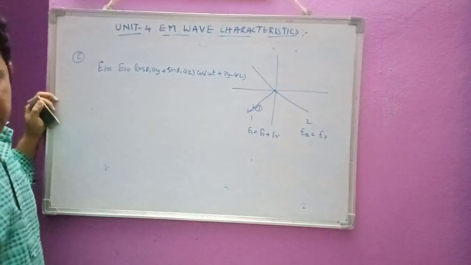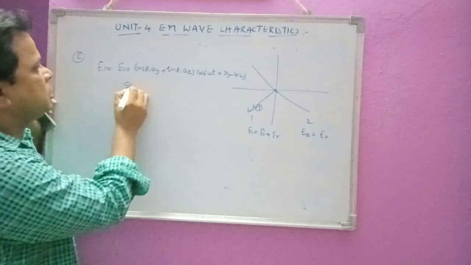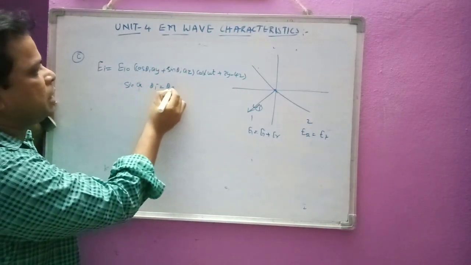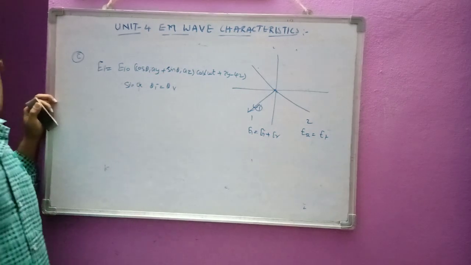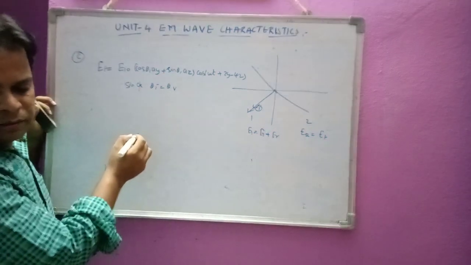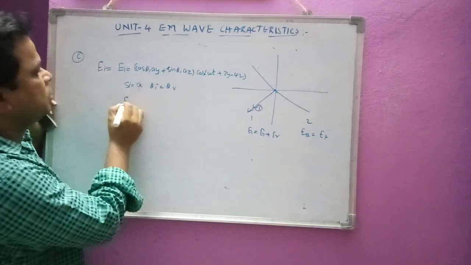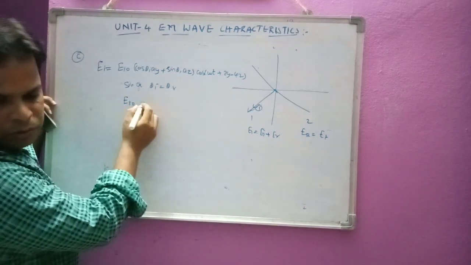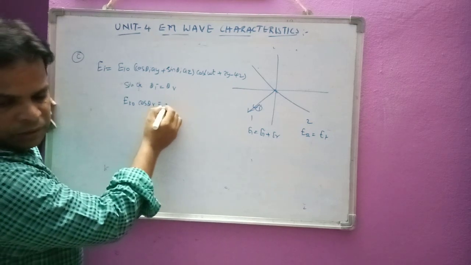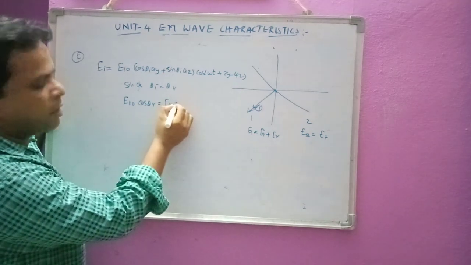Since theta I is equal to theta r, we are now using the formula ER0 cos theta r is equal to gamma parallel cos theta I Ei0.